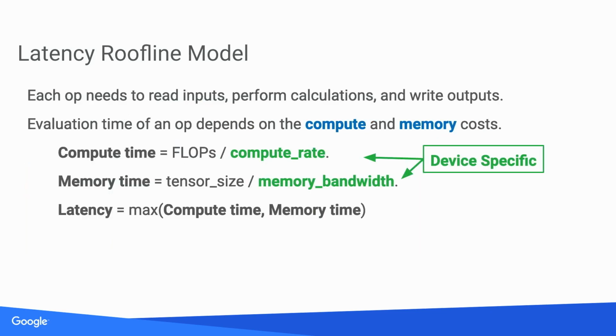The first line of attack here is something sometimes referred to as a Roofline model. In the Roofline model, we assume that the inference time associated with one operation comes from two different sources. One of them is fetching the input tensors and the weight tensors from memory, which is a memory cost.